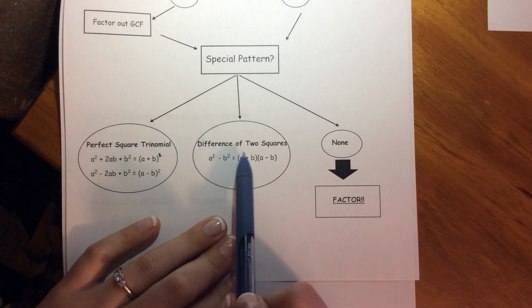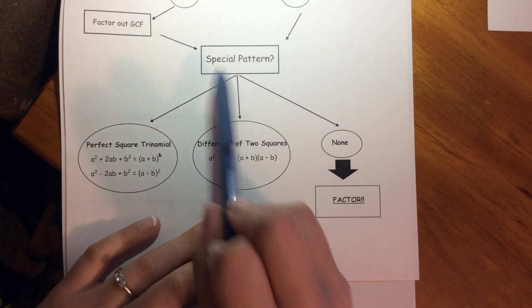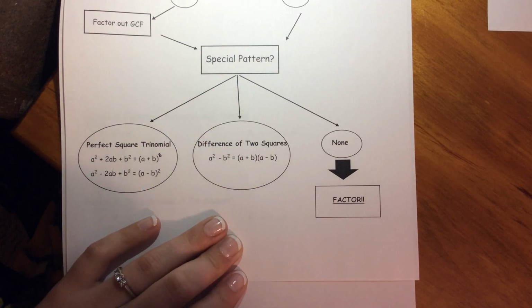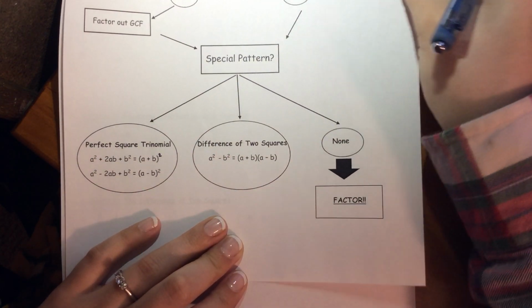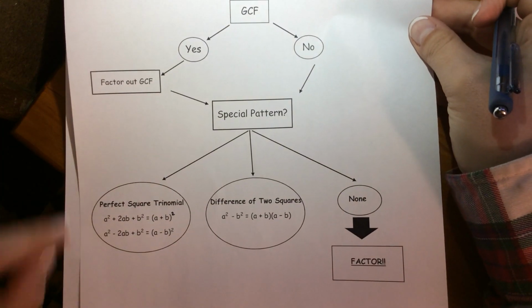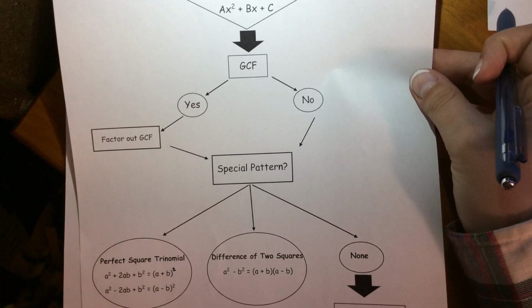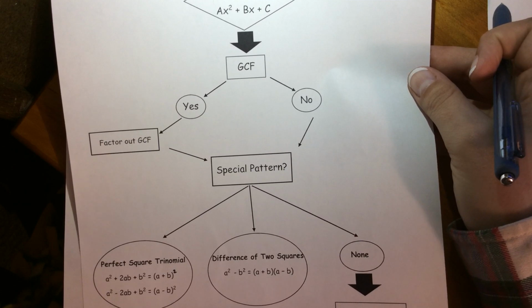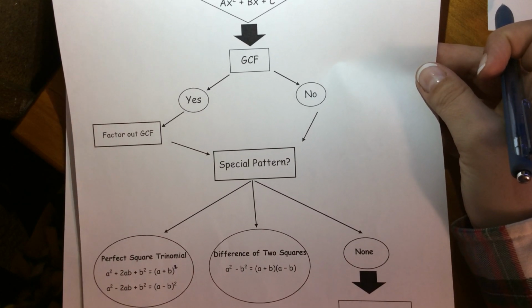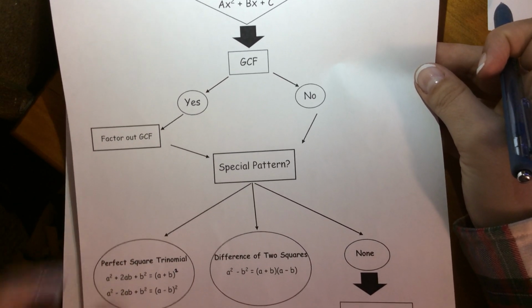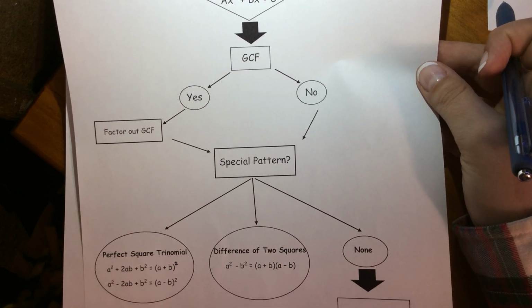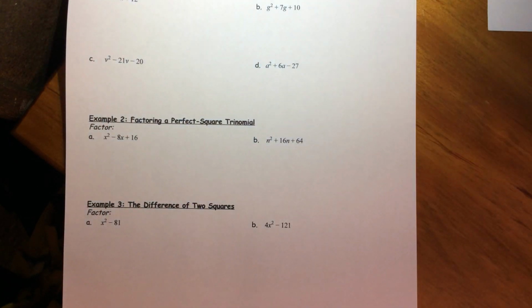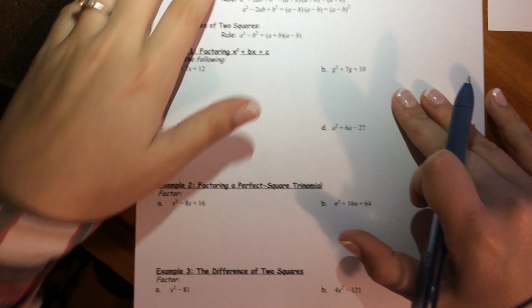So these are 2 different special patterns that we have when it comes to factoring. So use this to help you as you're going through, especially when it's a mix of all those types of factoring problems that we've been talking about. This is really going to help you narrow down the proper process and the way to factor the polynomial.